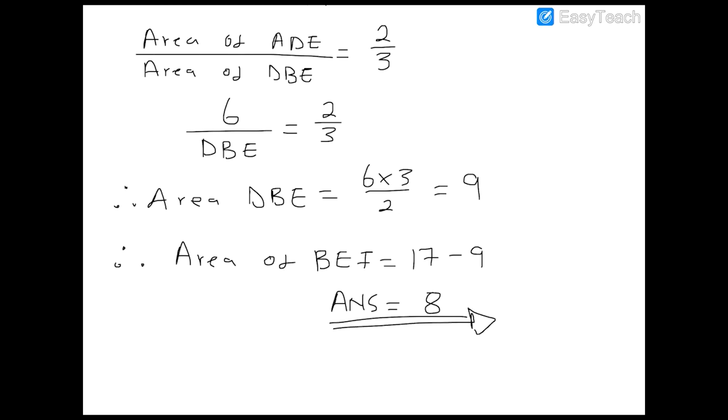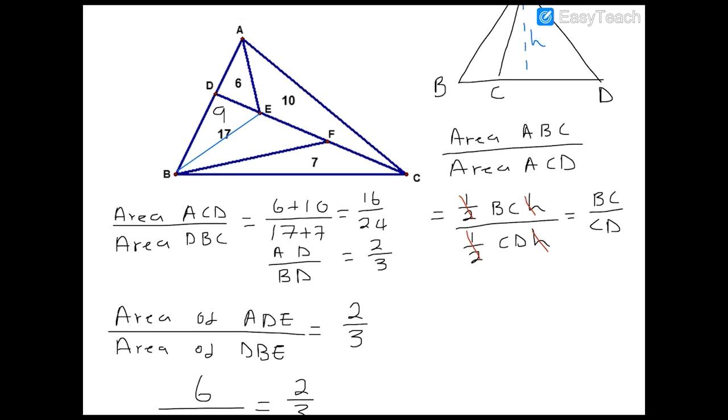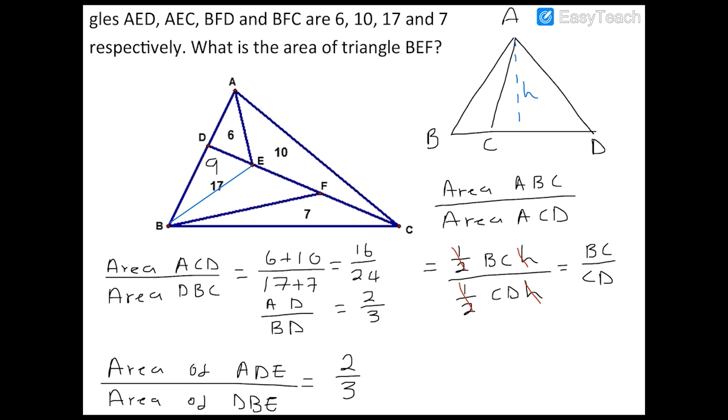Very, very important principle to learn, okay? If we have two triangles that share the same perpendicular height, then the ratio of their areas is the same as the ratio of their bases.